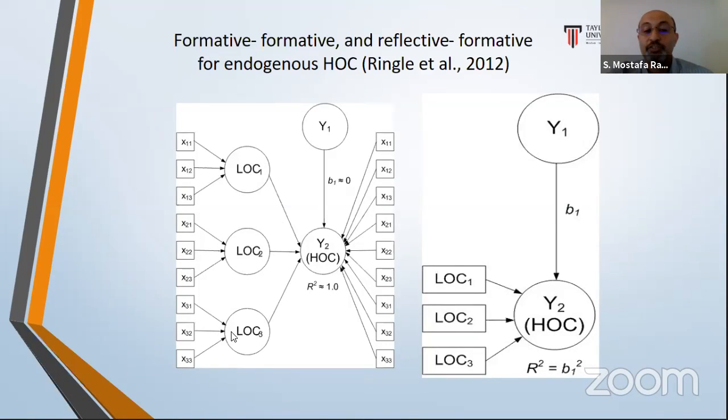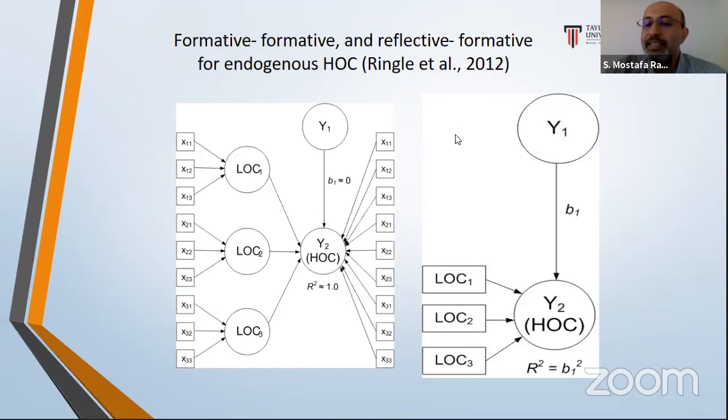These are three dimensions of Y2, but in the framework they act as three variables that affect Y2. And Y2 is measured based on the items of these three dimensions. It means the variance of Y2 is explained by only these three dimensions, right? So the effect of any other variable on this endogenous construct will be zero.